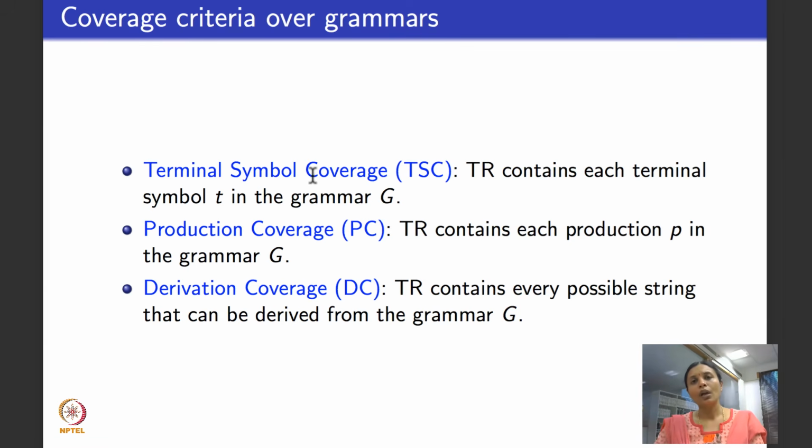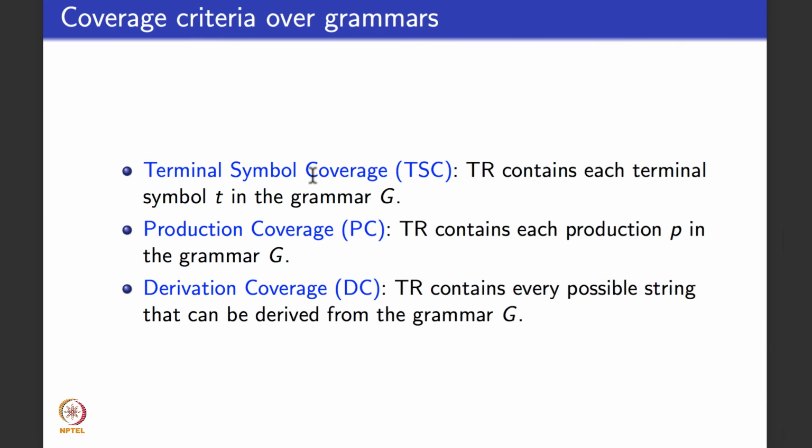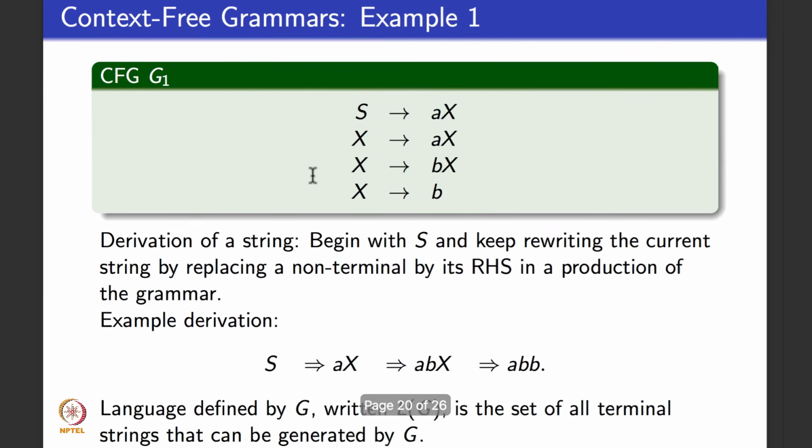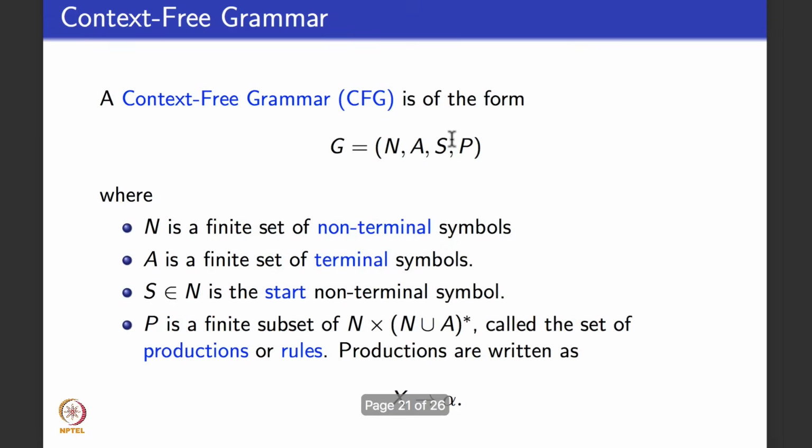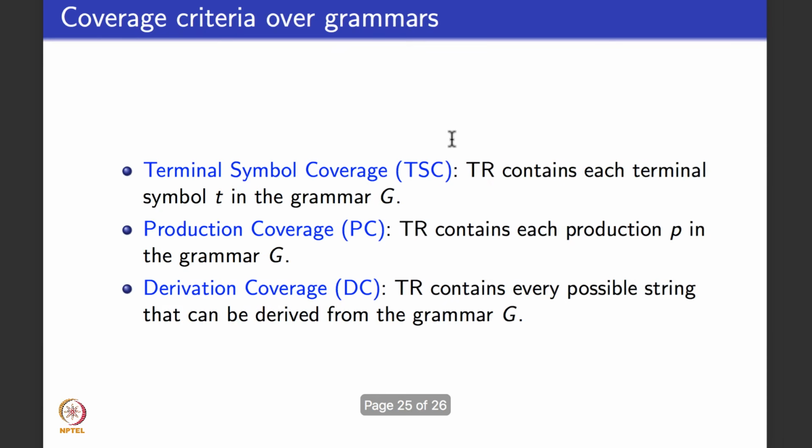Why is that so? Because there could be infinitely many derivations, right? As long as there is a rule like this in the example that we saw, which lets you take x and give back x, you could use this rule several times again and again and again, each one as a derivation, and result in an infinite number of strings. So derivation coverage can be sometimes difficult because it says test requirement is derive every possible string.